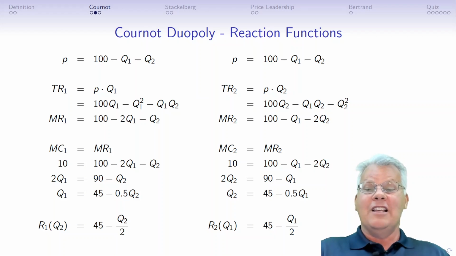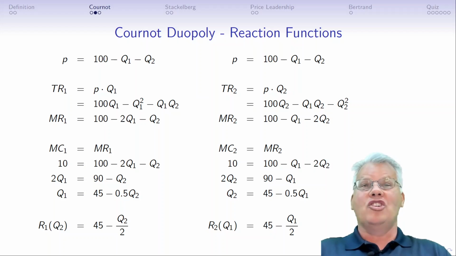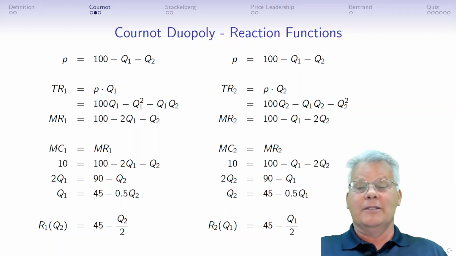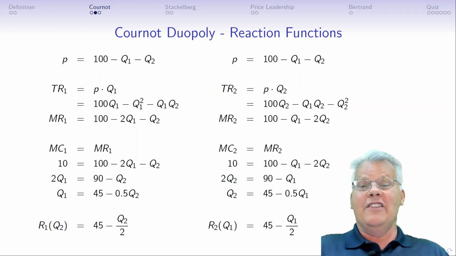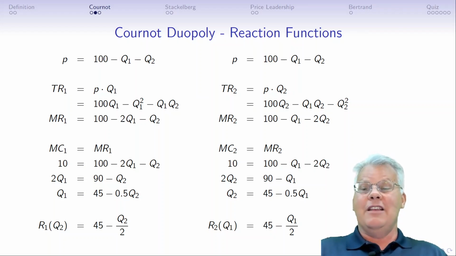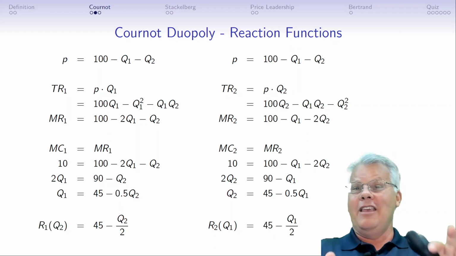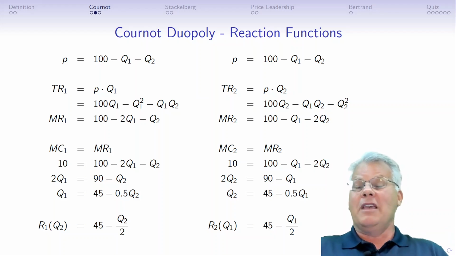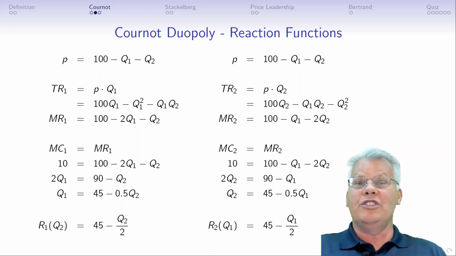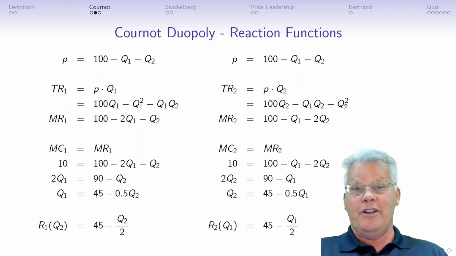Now notice that the reaction functions are actually symmetric. And the reason why in this particular case is that firm 1 and firm 2's marginal costs are the same. I went through all the math in great detail because you would have to do this if firm 1 and firm 2's marginal costs were different.